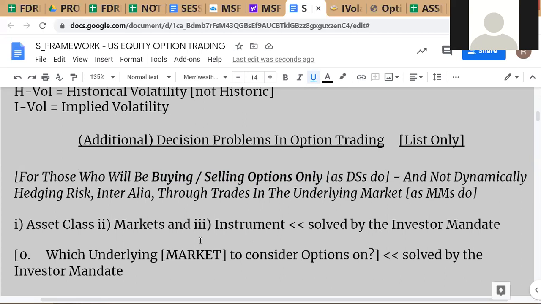You don't exercise it early. So what you're doing is buying and selling options. This is directional speculation in options. This is the kind of trading in options that you guys will be doing. But there is another kind of trading which you should be aware of. We will briefly discuss further detail when we go to the detailed part of this. We will look at that again.